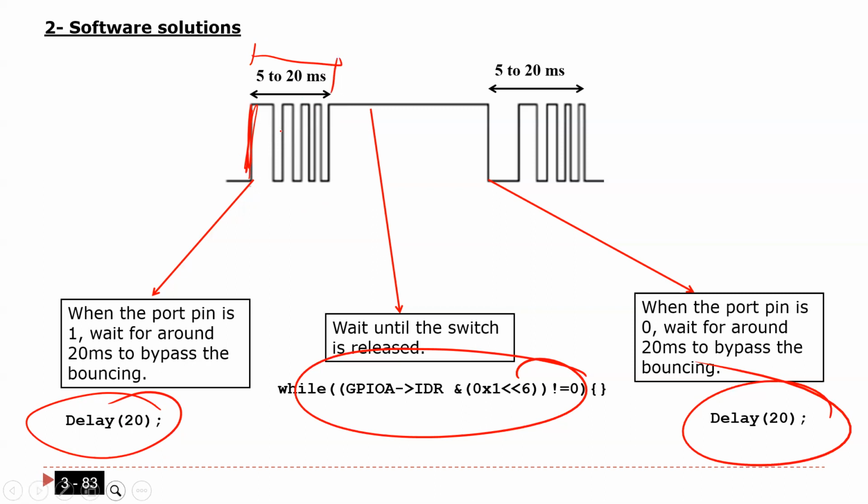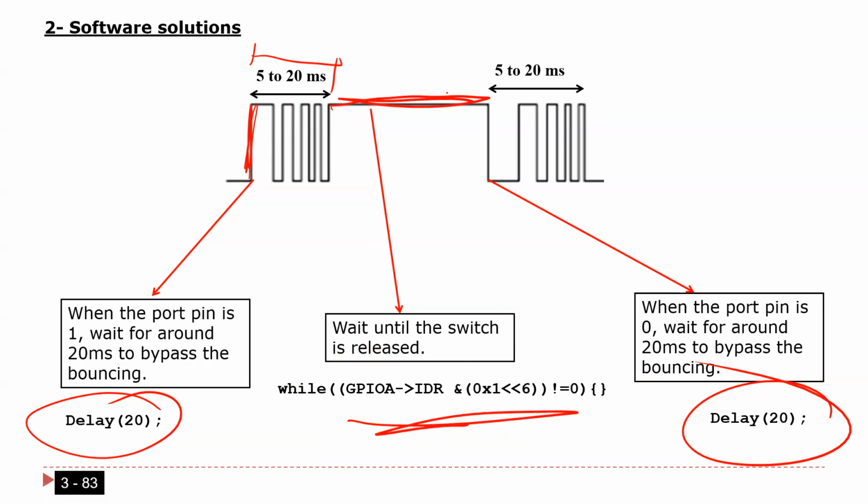And then as you see here, guys, I'm going to wait until you release. So I'm going to say as long as it does not equal 0, that means 5 volt, I'm going to keep looping here. I'm going to wait until you release. Once you release, I'm going to wait another 20 milliseconds. After that, I'm going to take action. So this is only one press.